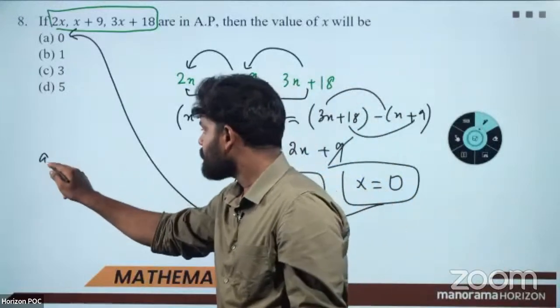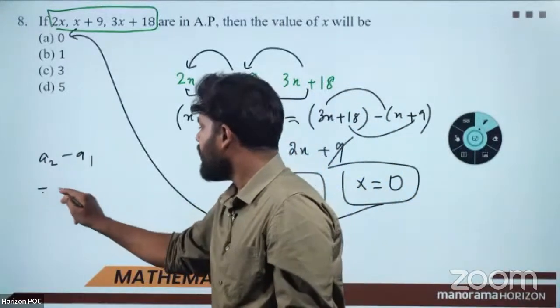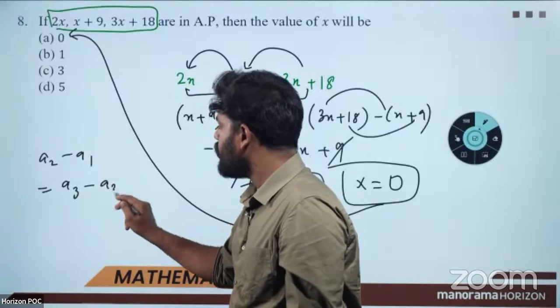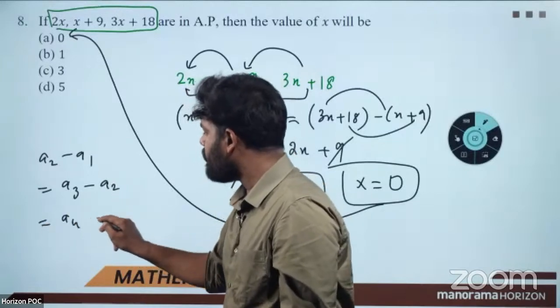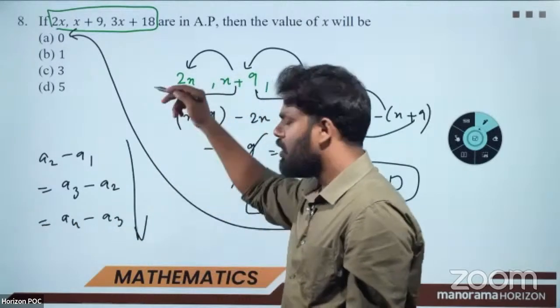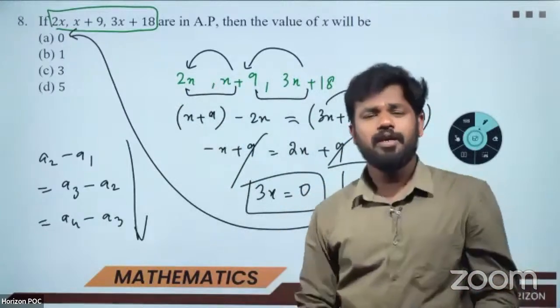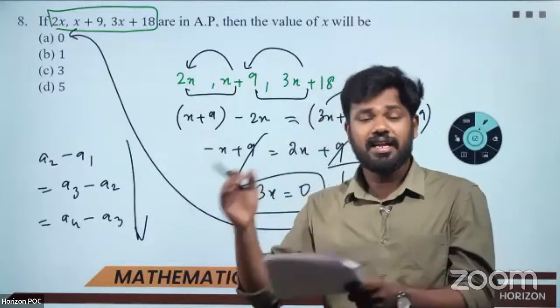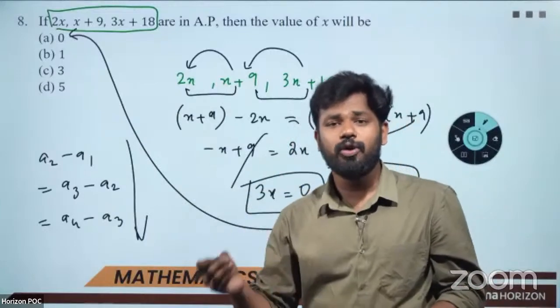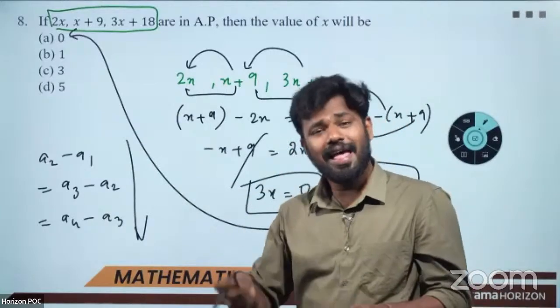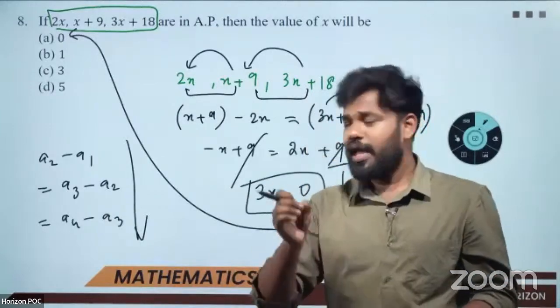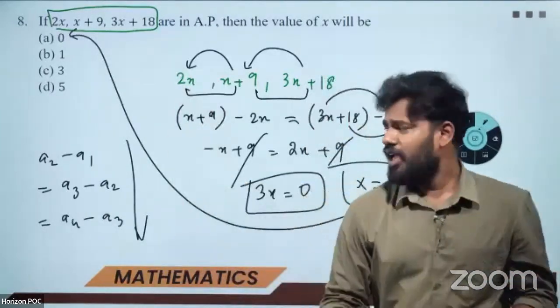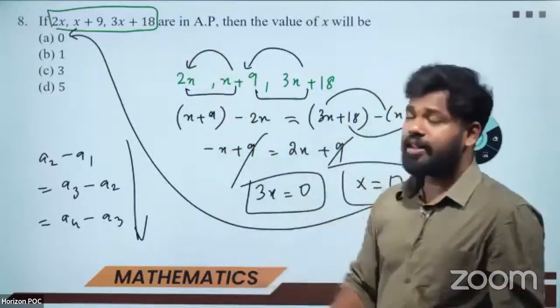A2 minus A1 will be equal to A3 minus A2, and that will also be equal to A4 minus A3, and the list goes on. You cannot end this, because as many terms as you have in the arithmetic progression, you can still write what that is equal to. So A2 minus A1 will be equal to A3 minus A2, and that will also be definitely equal to A4 minus A3, and so on. It goes infinitely for all the arithmetic progressions.